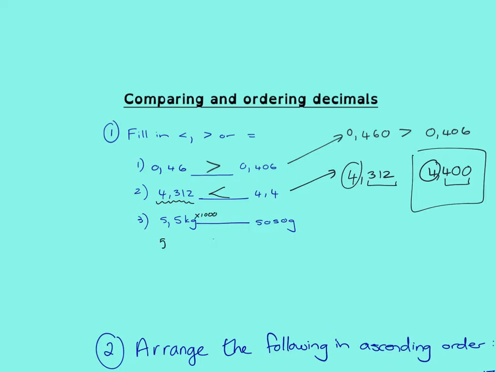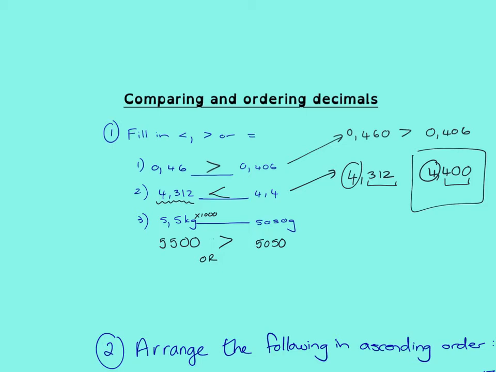So you're going to get 5,500 versus 5,050, which means that you can clearly see that this one is going to be greater. 5,500 is greater than 5,050.